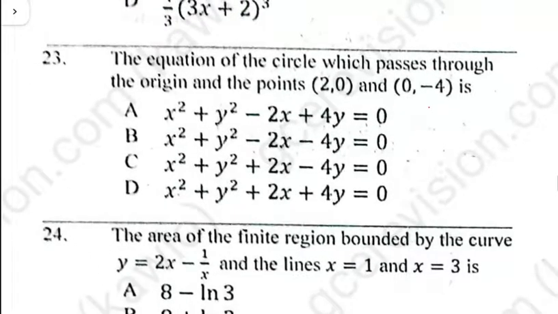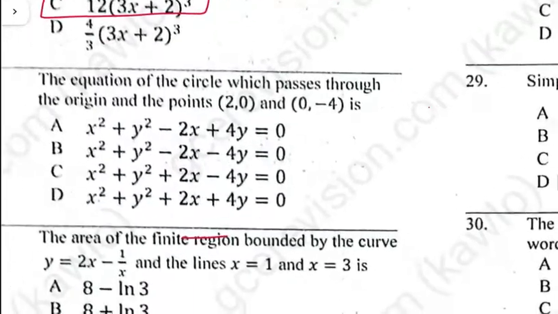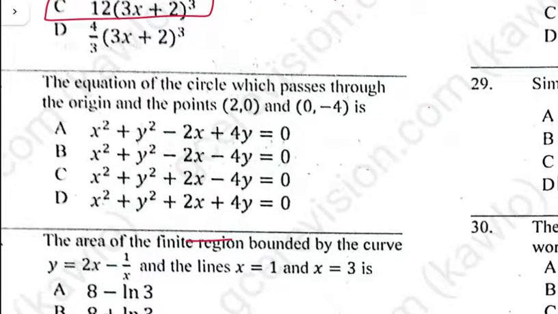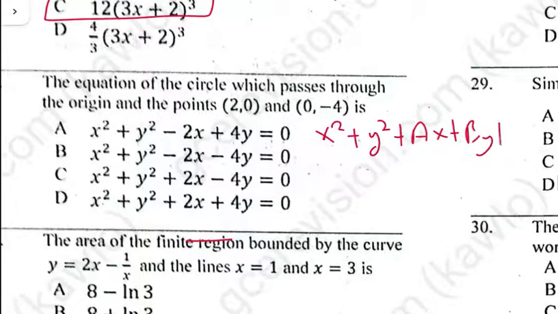Question 23. What's the equation of the circle that passes through the origin and the points (2, 0) and (0, -4)? Using the general equation of a circle, x squared plus y squared plus ax plus by plus c equals 0, our c is equal to 0 because it's passing through the origin.